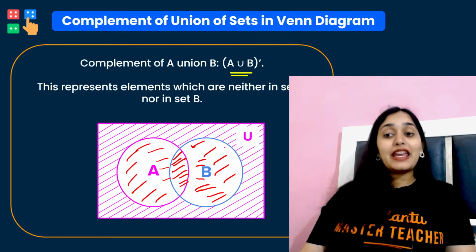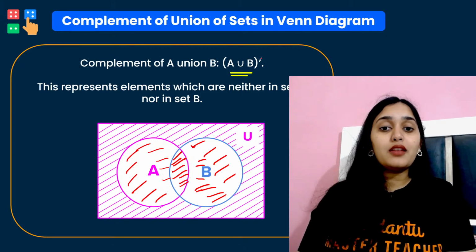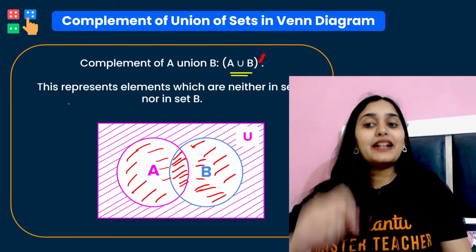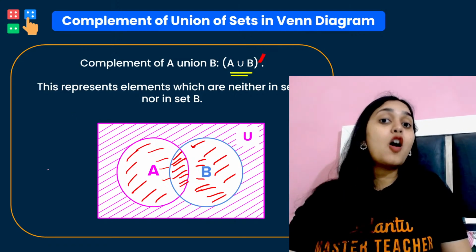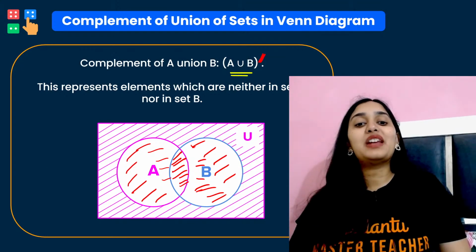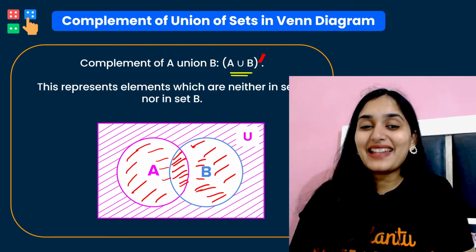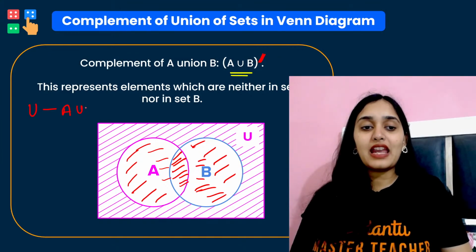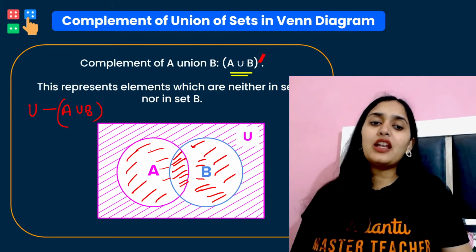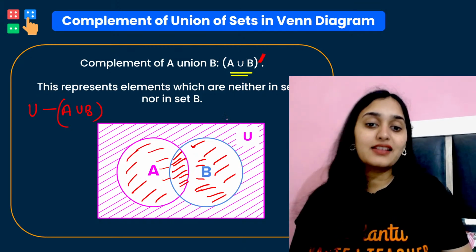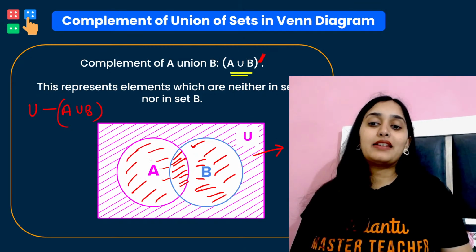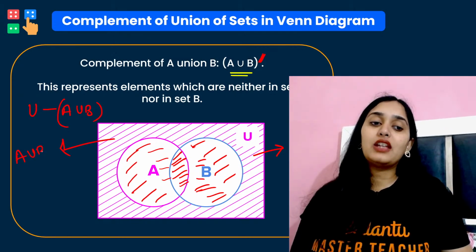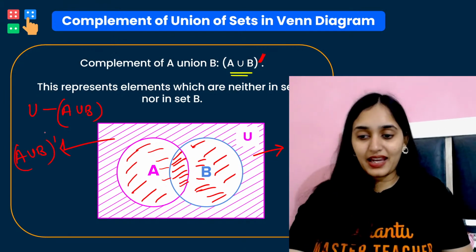Now, if I say find out A union B complement, that means find out elements which are not there in A union B. It will be basically universal set minus A union B. Now, A union B has everything A and B has. So, this shaded figure is basically A union B complement.